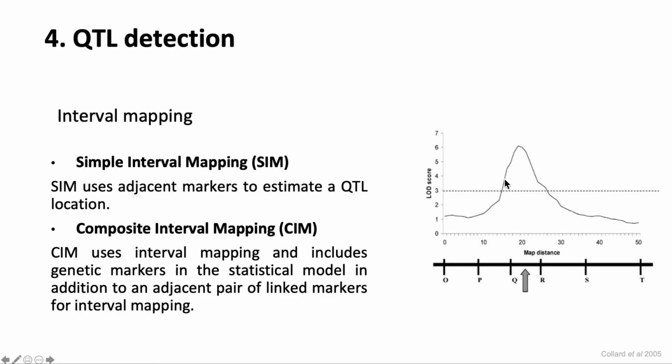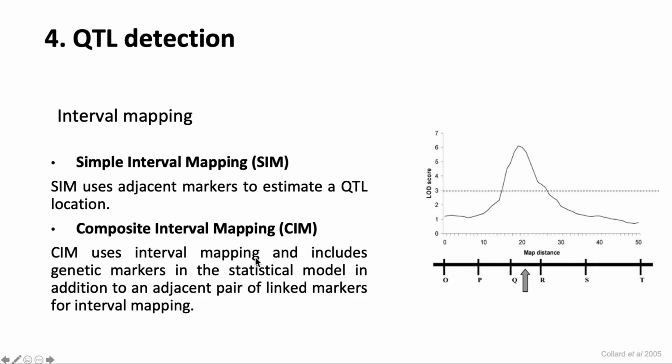But there are some additional issues with interval mapping, and that is why composite interval mapping is pretty useful to try to identify with a better resolution the location of the QTL.